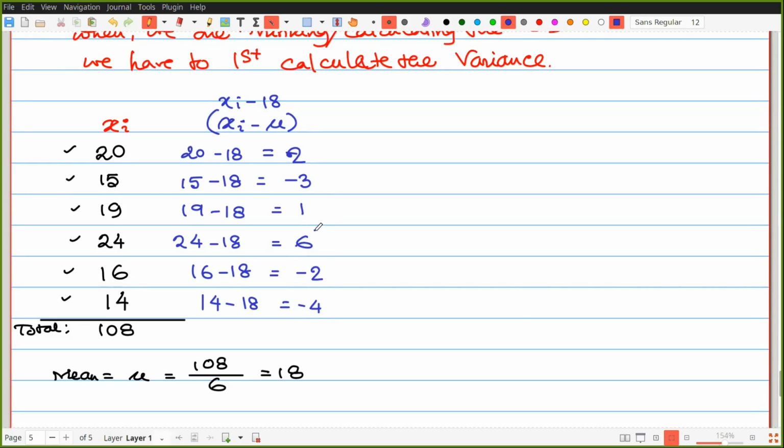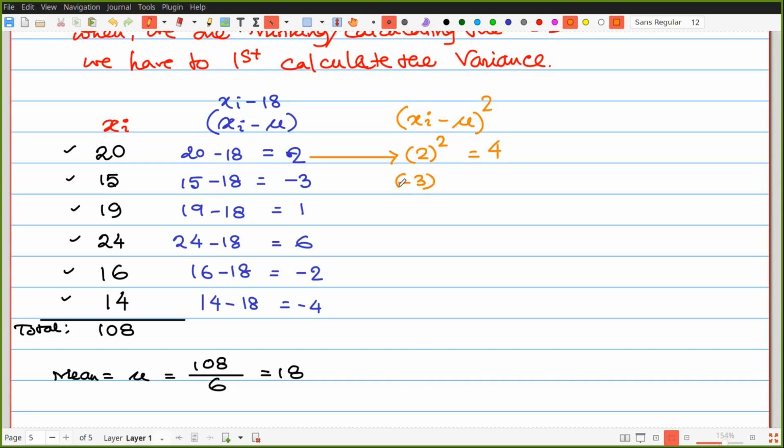But we have to find out the variance at first. For that, we have to find out xi minus mu, its whole square. So whatever is here, that is 2 squared, that is 4.